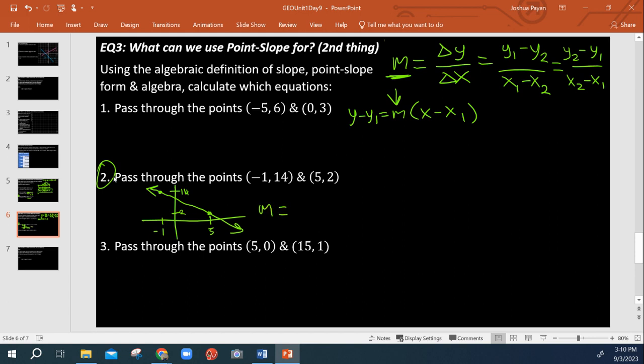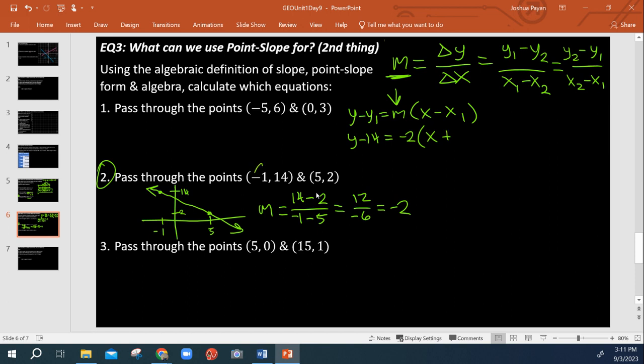So m equals y1 minus y2 over x1 minus x2. That's going to give me 12 over -6, or when we reduce, -2. So we're just going to plug in now. So y minus y1 is equal to m times x minus x1.